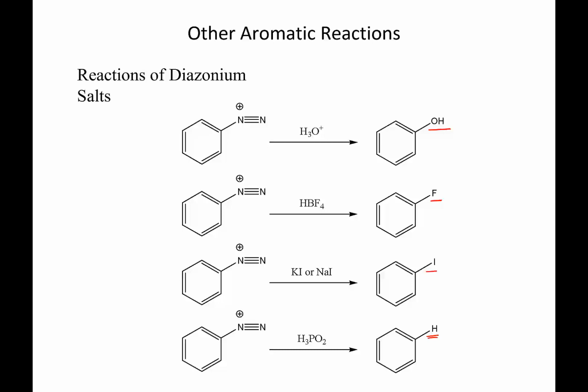So these aren't Sandmeyer reactions, but these diazonium reactions now give us the opportunity to add all sorts of things. So I said before, we just had a few reactions that'll put electrophiles on the ring. We now have added 10 more reactions to that in a matter of a few minutes.